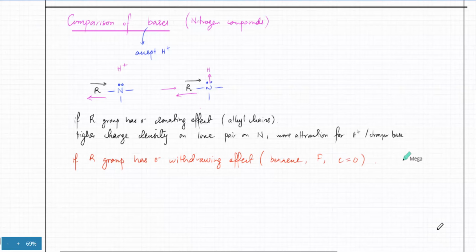So if it has an electron withdrawing effect, there's going to be lower charge density on the lone pair on N, and because of that, there's going to be less attraction for H plus 1.